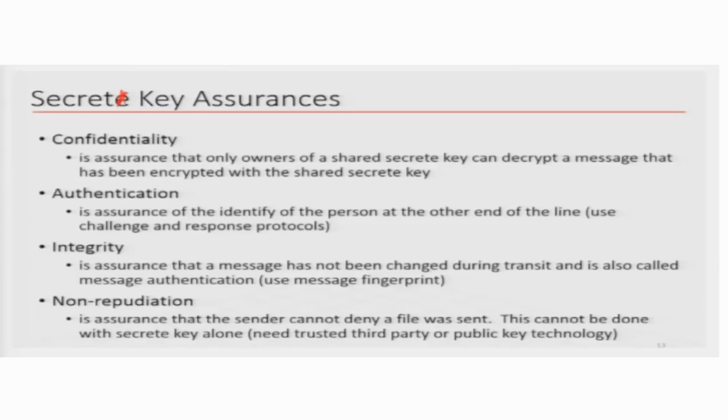Also, if the key is kept secret, then you get authentication, that is, if you receive a message from somebody, you want to know that it is indeed that person who is supposed to send you the message, and somebody is not pretending to be him or her. Now, if you have done the key exchange beforehand with the authentic person, then when you receive the message and you apply your key for decryption and you can decrypt, that means anybody who has sent this message must have the key.